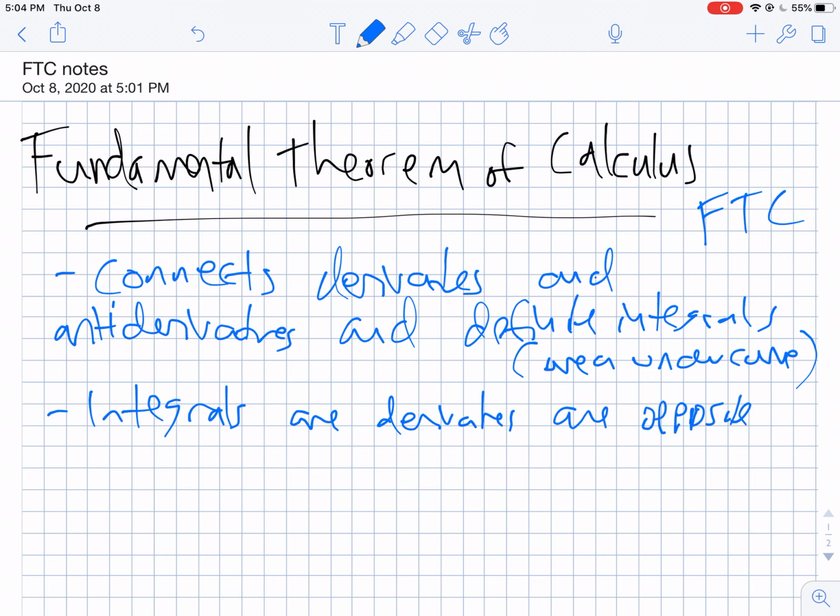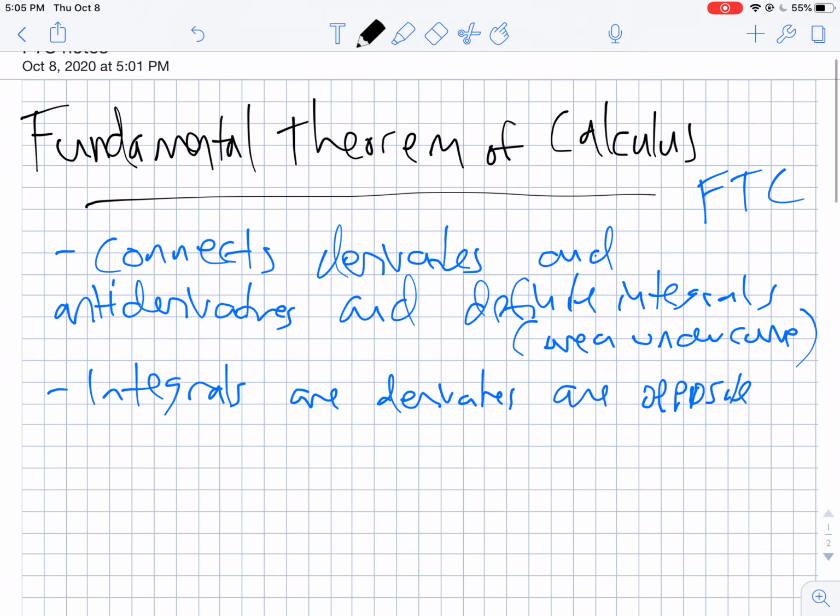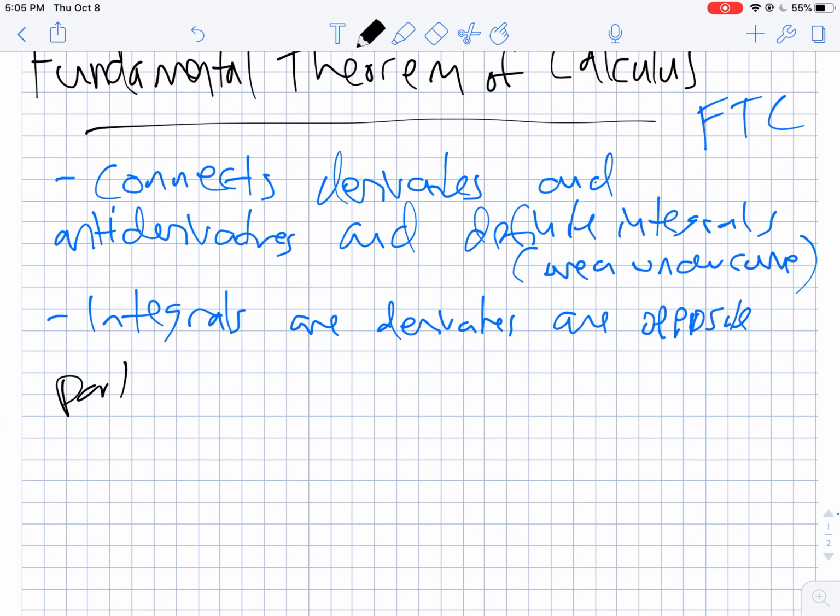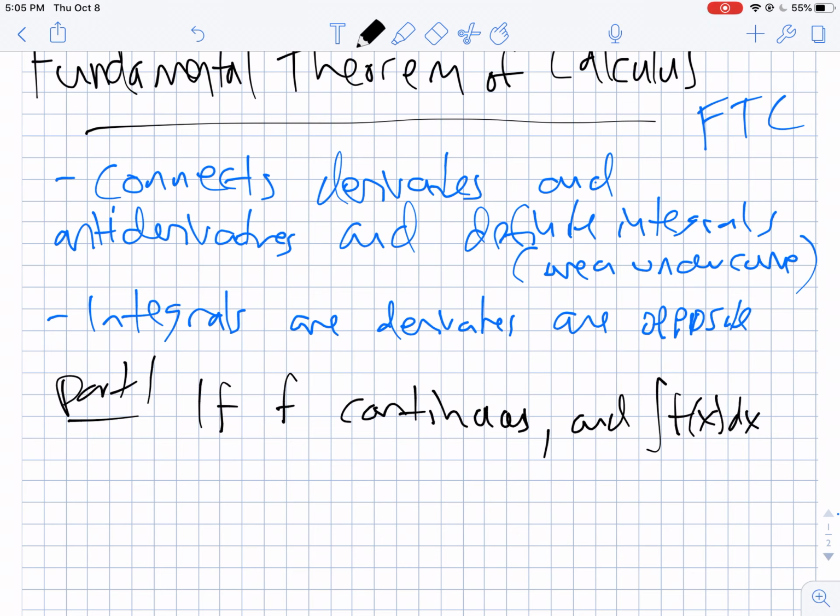Let's get to the nitty-gritty. There are two parts today, and we'll start with part one. Part one says this: if your function f of x is continuous, and the integral of little f of x dx equals big F of x, so basically big F of x is any antiderivative.